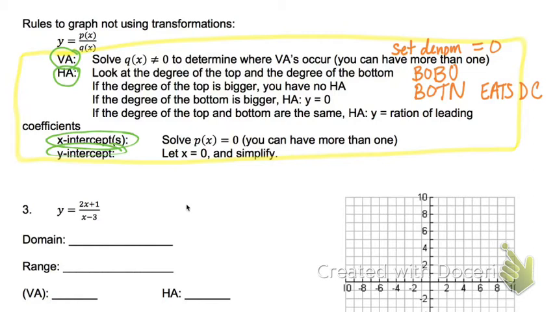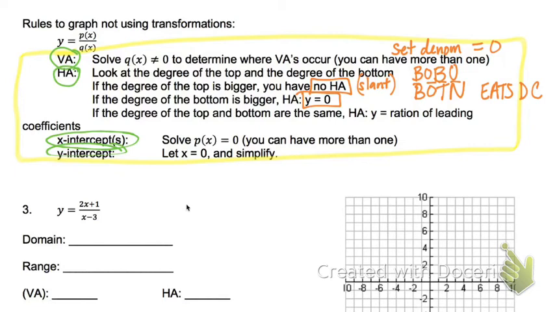So if your degree is bigger on bottom, that's what the BOBO stands for, bigger on bottom, then it's y equals 0. BOBO, bigger on bottom, 0. If it is bigger on top, then you have none, and you have what is called a slant asymptote, which we'll talk about in 9.3.